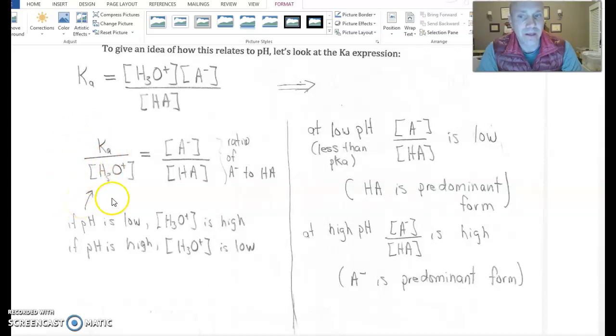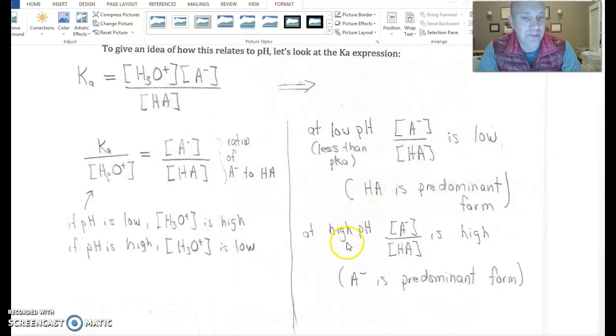Remember, large denominators mean small numbers. So this ratio would be equal to a small number. Therefore, at low pH, this ratio is going to be low, and that would mean that HA, the bottom, would have to be the predominant form. The only way this number can be small is with a small numerator and a large denominator.